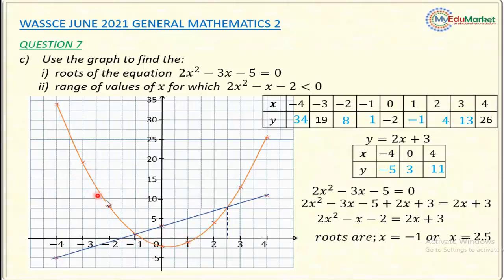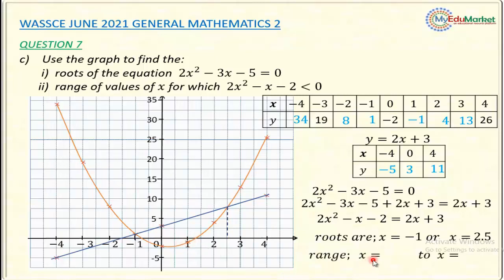So where the curve crosses the x-axis, the values here will give me the range of x in which the corresponding value of y within that range is less than 0. So I'll get this according to the scale. This value and this value of x will now give me the range.